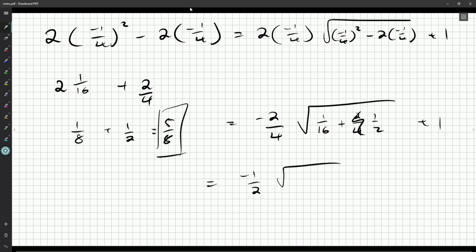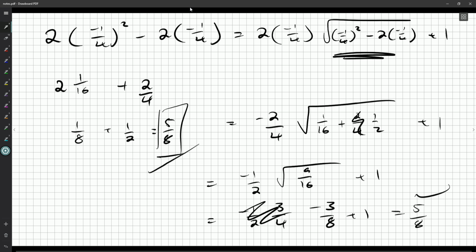And that'll be 8/16, so that'll be square root of 9/16, so that will work out. Negative a half times 3 quarters, that's negative 3/8 plus 1, and that really is 5/8. So both sides agree with each other. The square root didn't cause any problems, and so our answer is B. There is only one real solution to this particular expression.